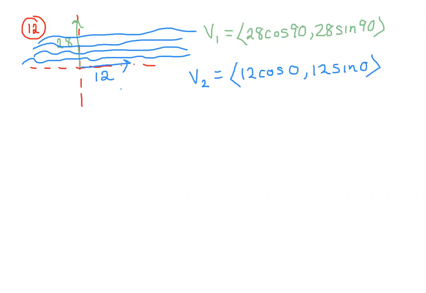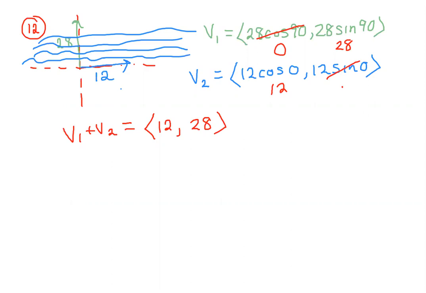And if you put those together, you should get 12 and 28. Because cosine of 90 is 0, this turns into 0. Sine of 90 is 1, so that turns into 28. This one, cosine of 0 is 1, so that's a 12, and sine of 0 is 0, so that turns into 0. So we end up with 12, 28.